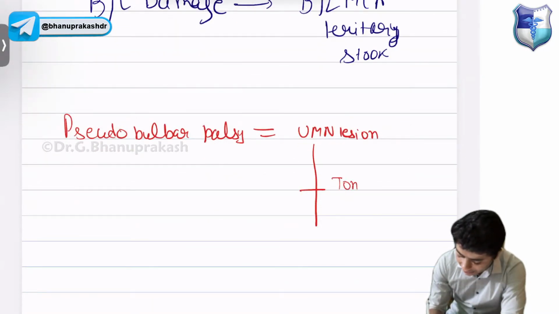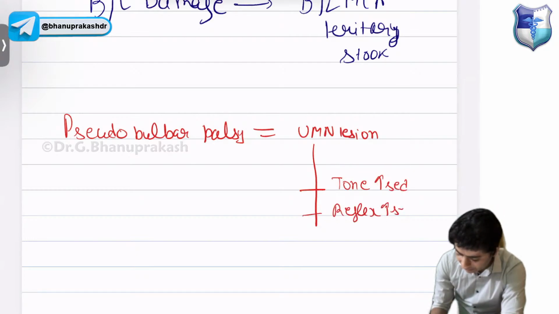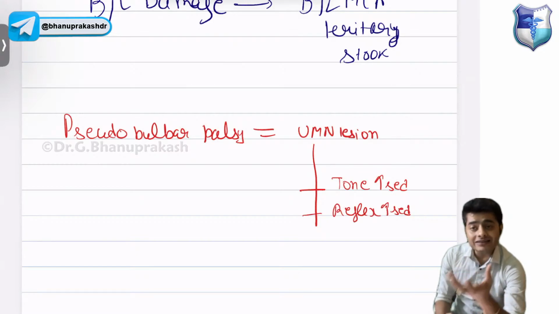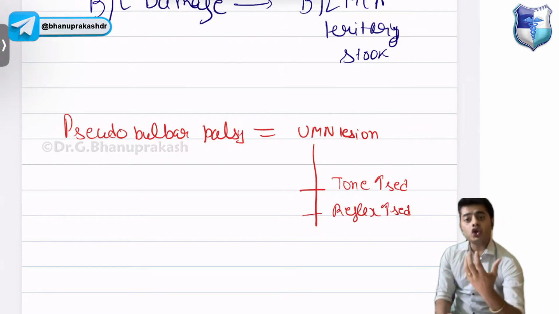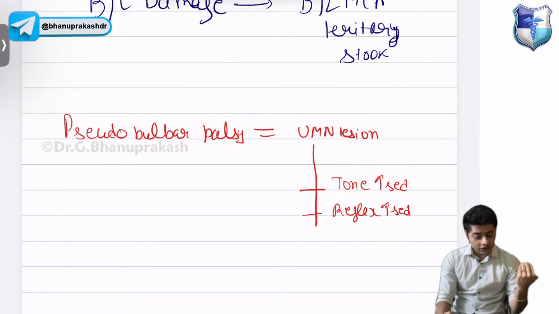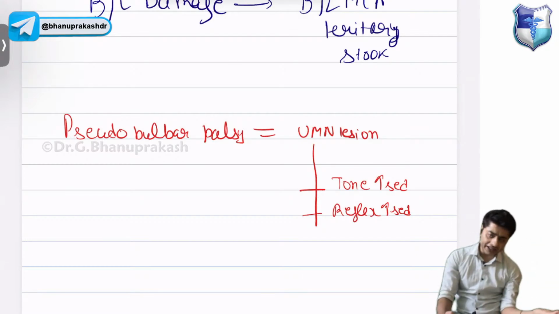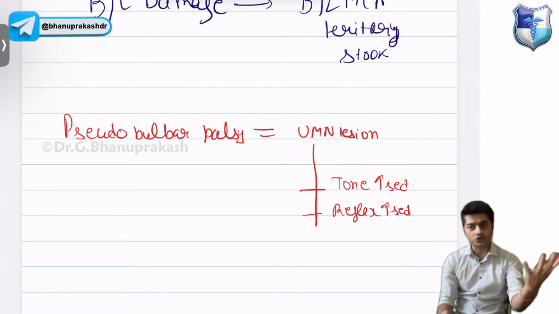Tone is increased. Reflex is increased. Tone is increased and reflex is increased. So all the reflexes, spasticity, rigidity in extrapyramidal system, spasticity in corticospinal tract.